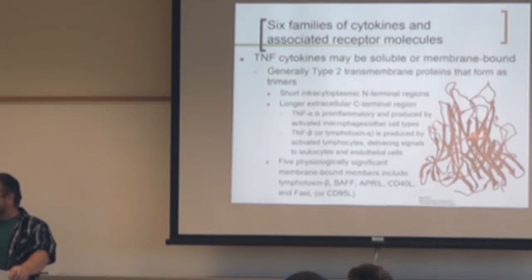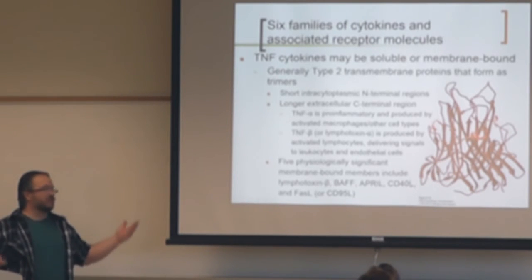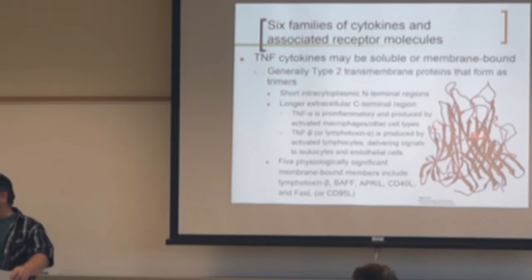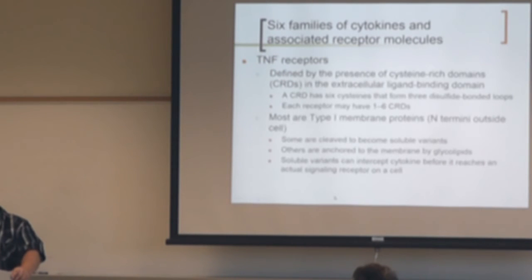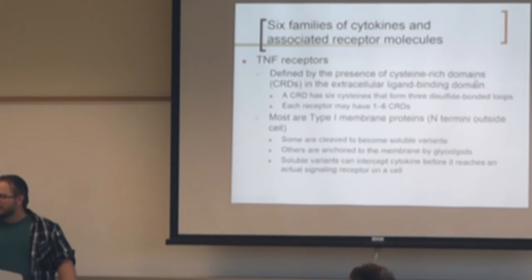Some of the significant membrane-bound ones are listed. CD40 ligand is one of them, and Fas ligand, and these can be involved in cell survival or cell death, as in the case of both CD40 and Fas ligand. Their receptors have these cysteine-rich domains.